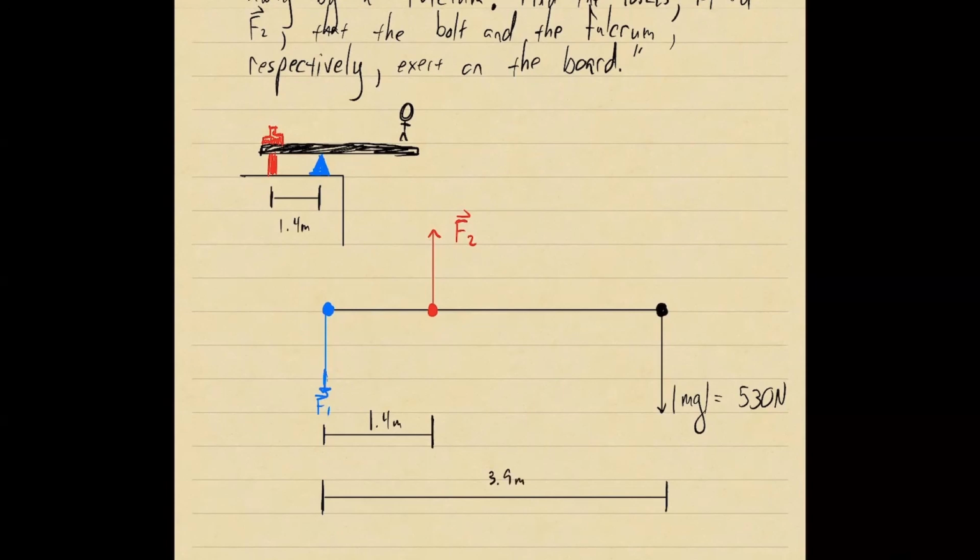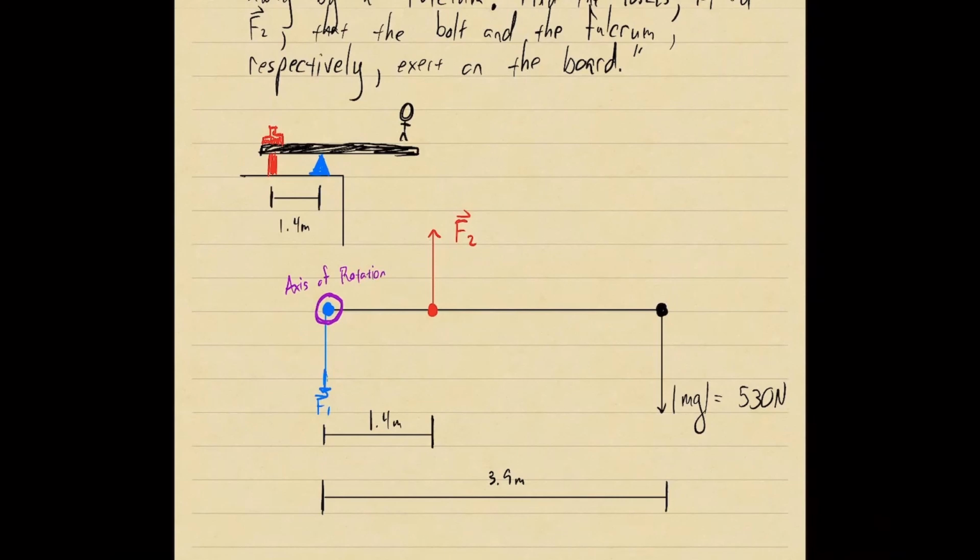Ooh. All right, so there's kind of a lot. So I'm going to take as my axis of rotation this left end bit over here. So this is going to be our axis of rotation for the purposes of this problem.